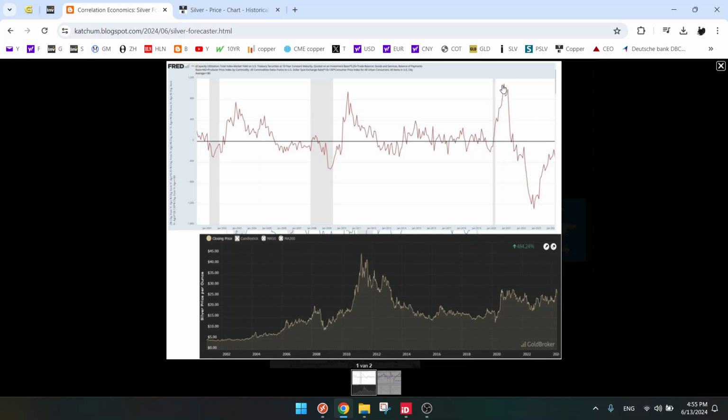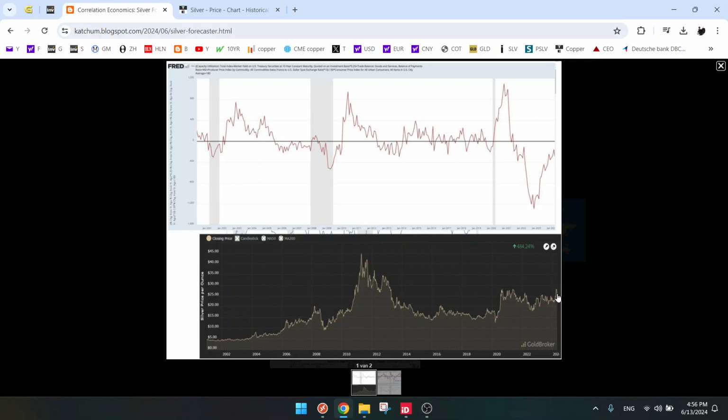Then we have another shot up and silver rises. Here we go negative and have this nice reverse head and shoulders pattern, which is seen here. And now we're here. We are now currently still in the negative territory.